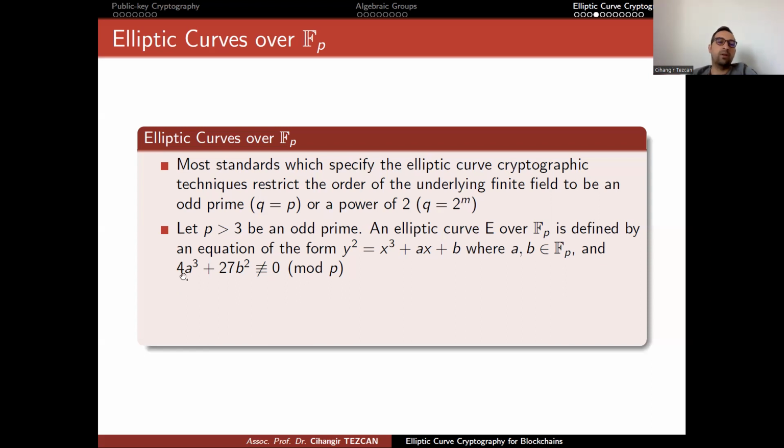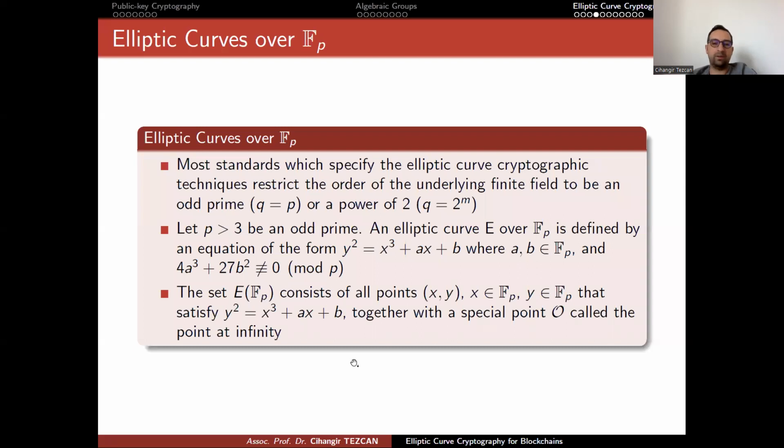In other words, 4a cubed plus 27b squared should be different than 0 modulo p, so that we can use it as an elliptic curve. This is actually how you choose an elliptic curve. Whenever you choose a and b, you have to check if this inequality holds, because if it doesn't hold, then it is not an elliptic curve.